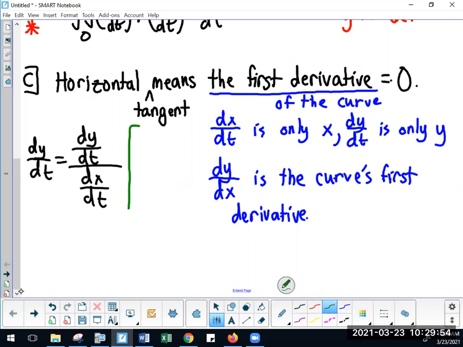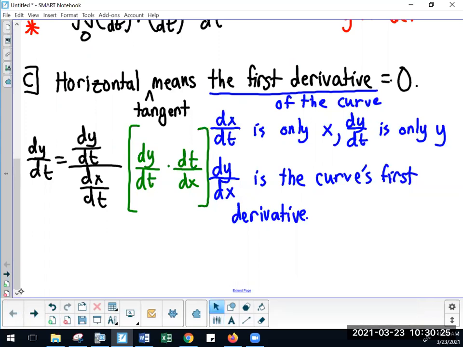Imagine for a moment, we decided to write this as, instead of dy dt divided by dx dt, multiplication by the reciprocal. So if we have dy dt divided by dx dt, we could instead say dy dt times dt dx, and look what happens. The dt's are common factors in the numerator and denominator, so you get dy dx after all. So that's not really part of the problem. That's just math I feel like I should mention. Anyway, dy dx.